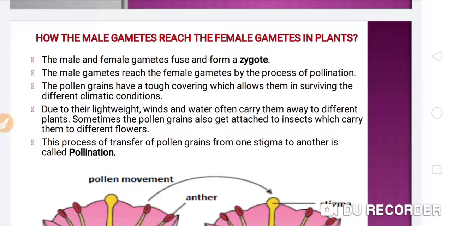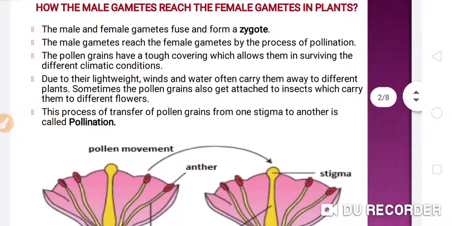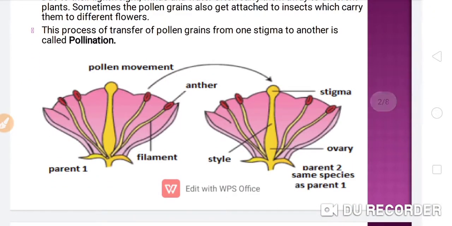Due to their light weight, wind and water often carry them away to different plants. Sometimes the pollen grains also get attached to insects, which carry them, called pollination. So this is the whole process of pollination. You can see here the pollination process.